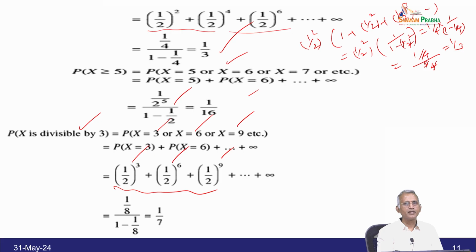The first term is 1 by 8 and the common ratio is 1 by 8, therefore A by 1 minus R. A is 1 by 8 and R is 1 by 8, therefore 1 by 8 divided by 1 minus 1 by 8. Take the LCM and we have 7 by 8, and we get 1 by 7. So, this is the way we can calculate if x is divisible by 3.